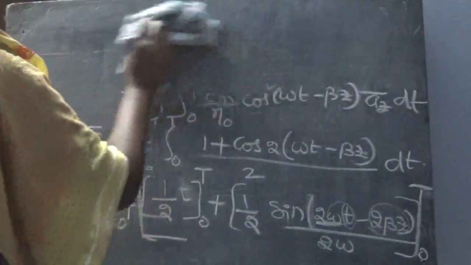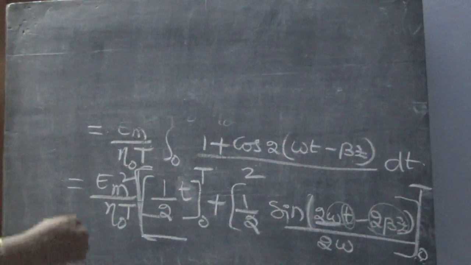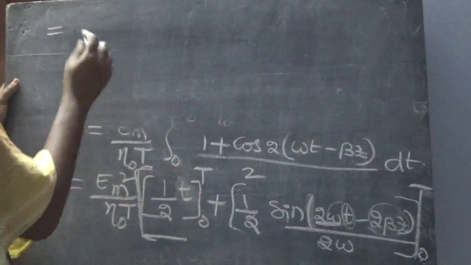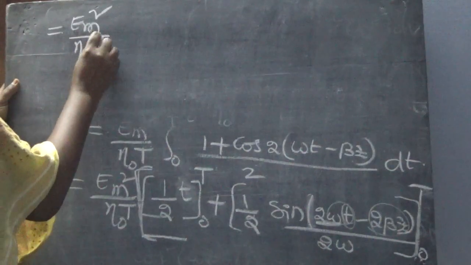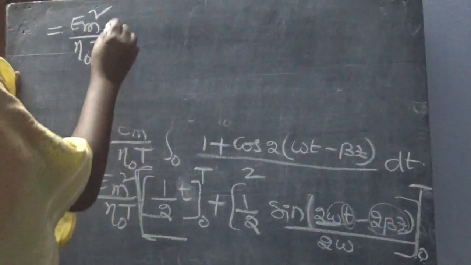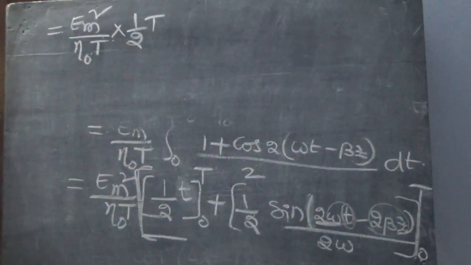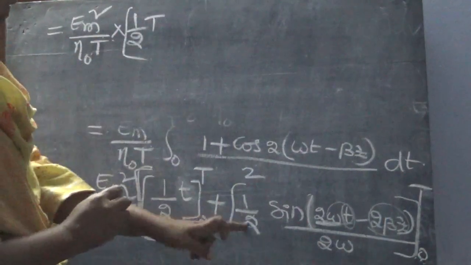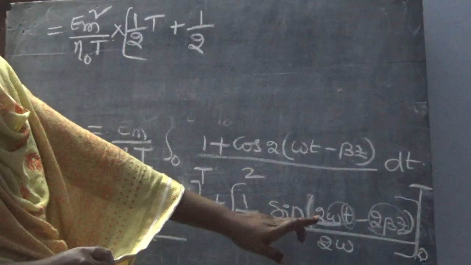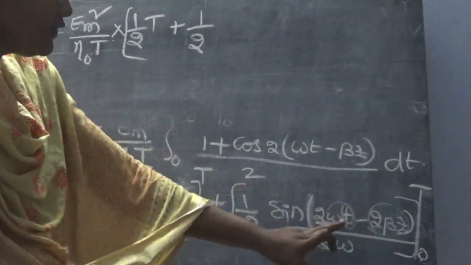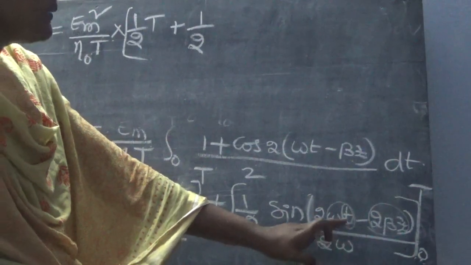Now with 0 to T, apply చేయాలి. So if I apply limits to this, Em square by eta naught into T, half T అంటే ఎంత వస్తుంది? Half of capital T minus 0, అంటే small t, plus half into sin 2 omega t. దీంట్లో మాత్రమే మనం లిమిట్ అప్లై చేస్తాం. కాబట్టి ఇది ఏమొస్తుంది చూడండి.